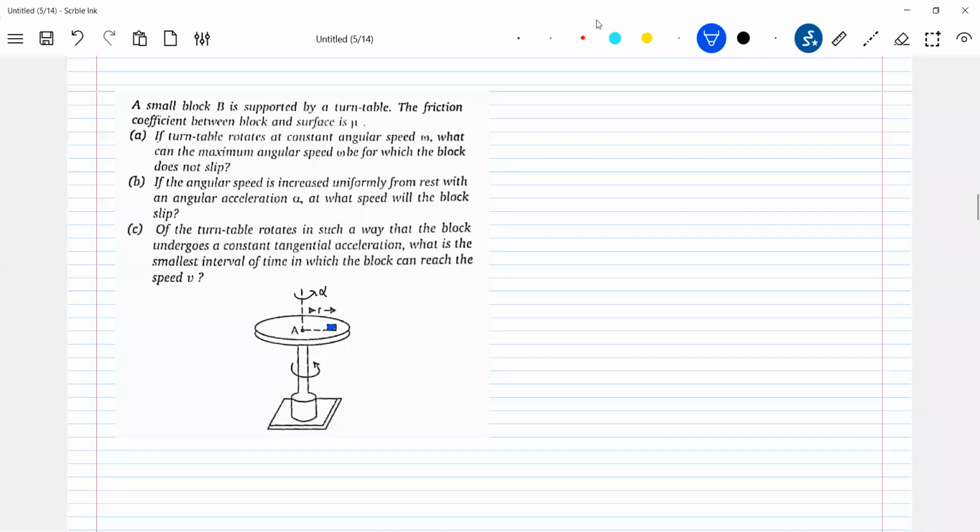Part A we already discussed. Can you remember what is the maximum speed at which slipping occurs? I'll come directly to part B. So here we'll take some small supportive diagrams. So here is the block. I'm going to place it.